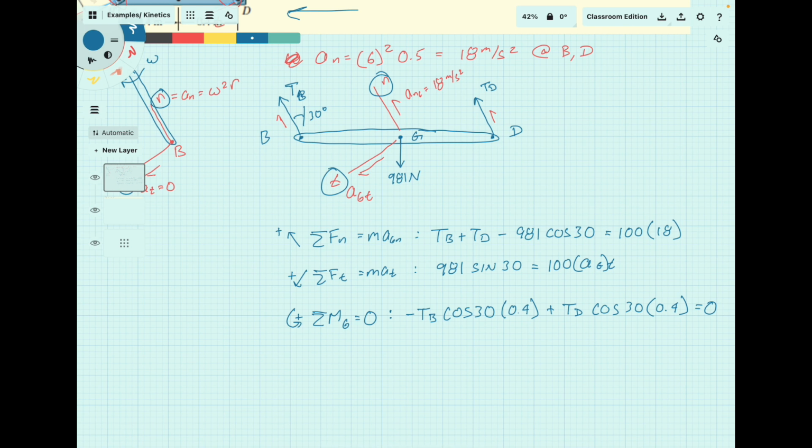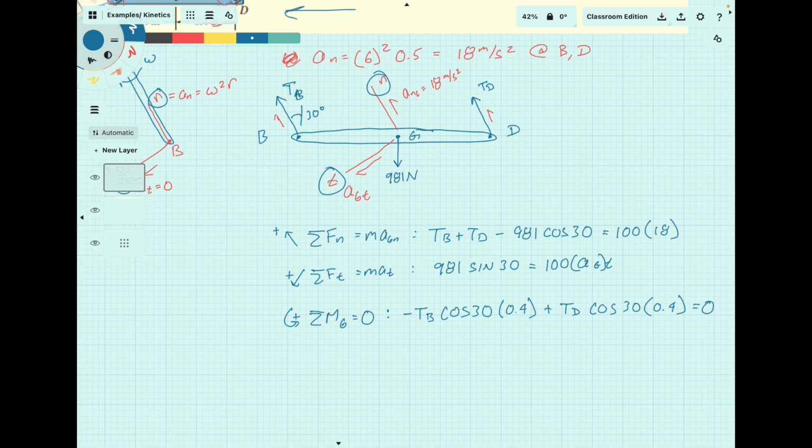The sine components of TB and TD, of course, act through point G, so they can't create a moment and don't factor into this problem.